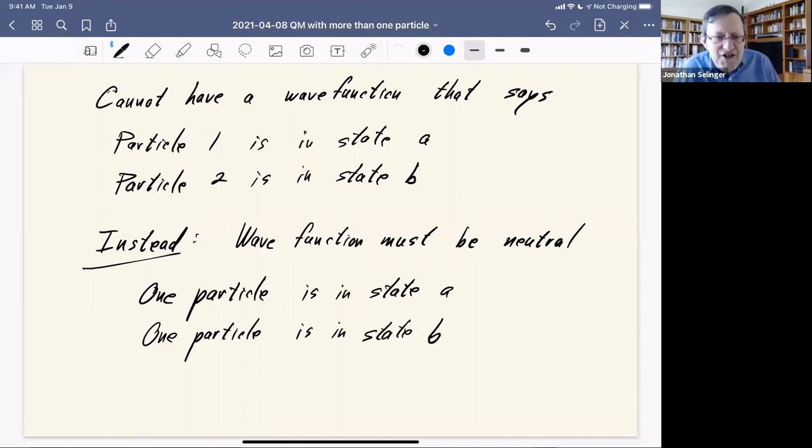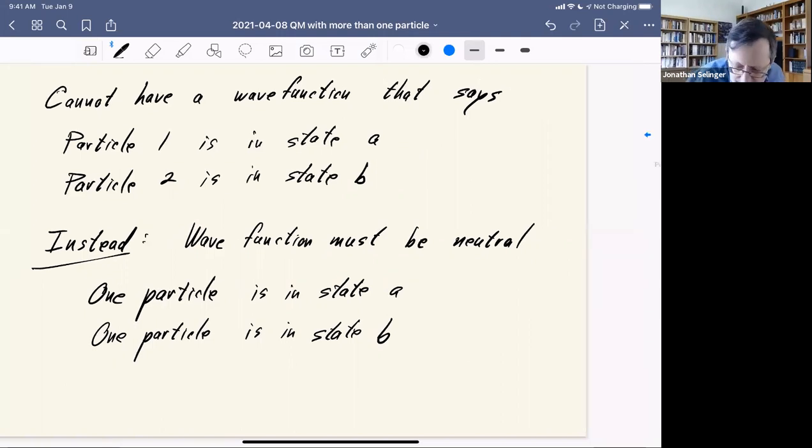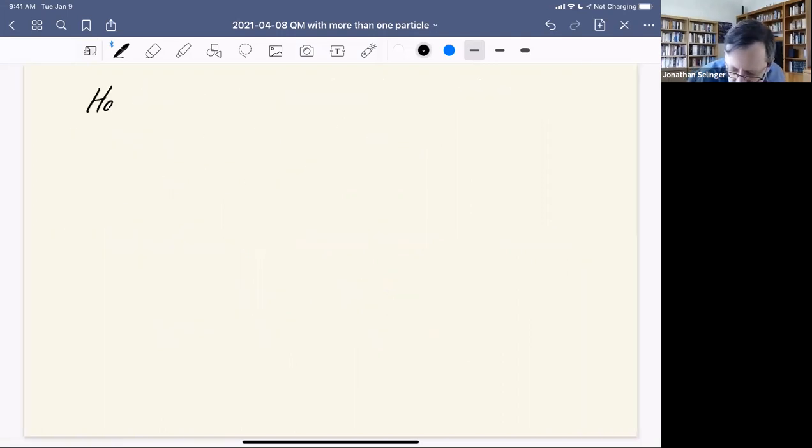Which particle is in state B? I don't know. They're indistinguishable. And so the wave function can say there's one in each of the states, but the wave function cannot say which one is in which state. So how can you do that? How can it be neutral like that?